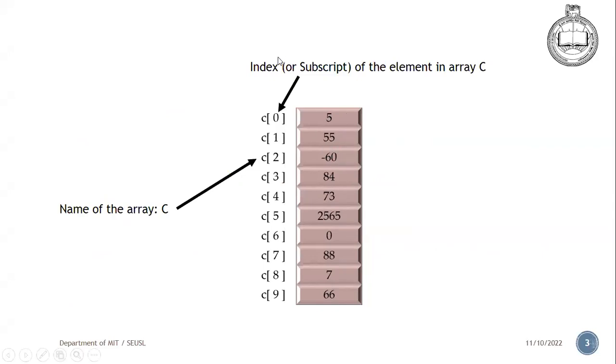The name of this array is C. I am giving the name C to this array. For example, if I want to get 88 from this collection, how can I get it? There should be a way to get 88 from this collection, right?